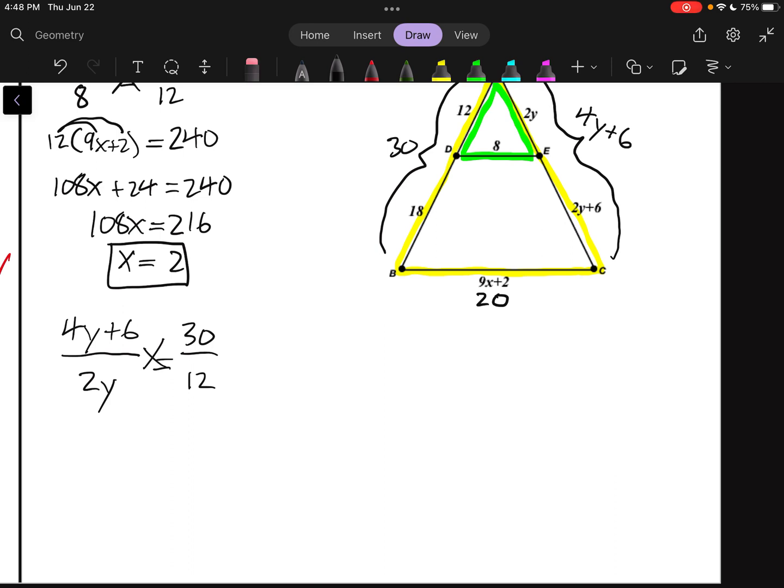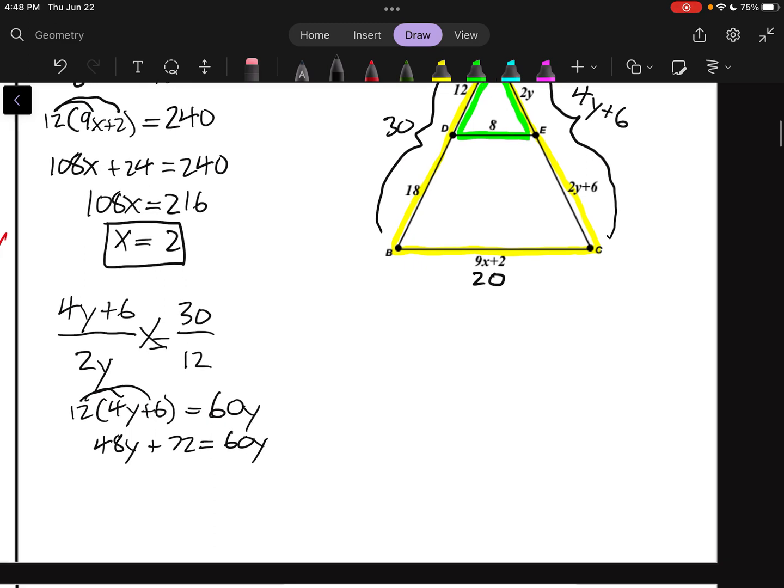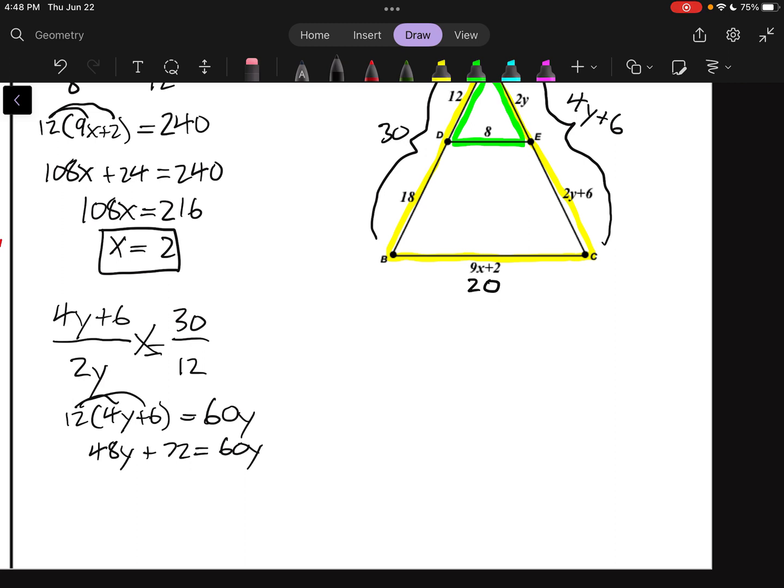So I've got 12 times 4y plus 6 equals 30 times 2y, which is 60y. If I distribute, 12 times 4y is 48y. 12 times 6 is 72. It's equal to 60y. If I subtract the 48y, I'm going to get 12y.